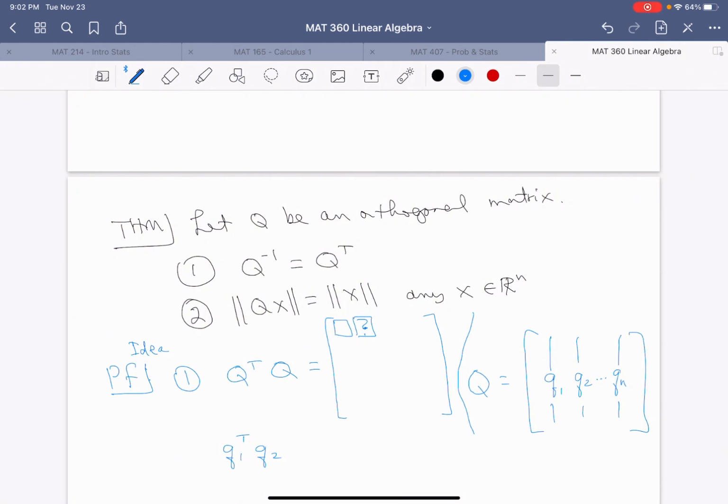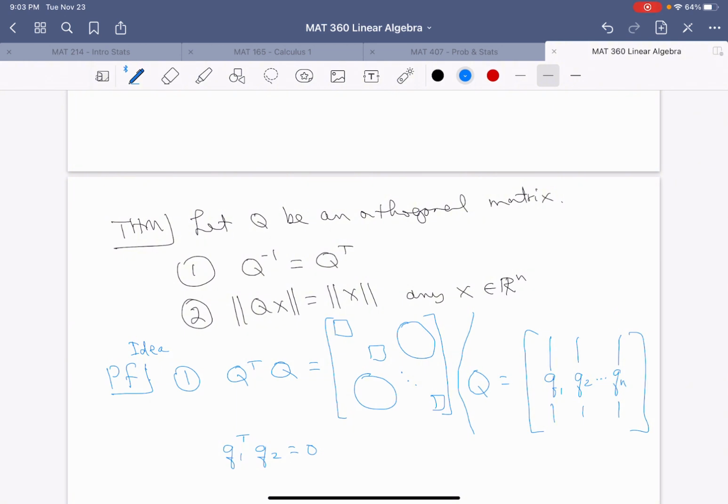Since this is an orthogonal matrix, that dot product is 0, isn't it? That's how we defined it. So any off diagonal entry, you'll just get a bunch of zeros.